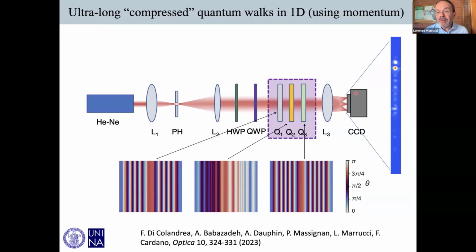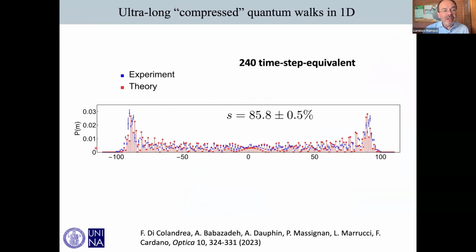And in the output, again, we had the CCD, and this is the typical output. This was done in 1D, so it's only a line. And this line shows this agreement between experiment and theory. This is actually the equivalent of an evolution of 240 time steps of a quantum walk.